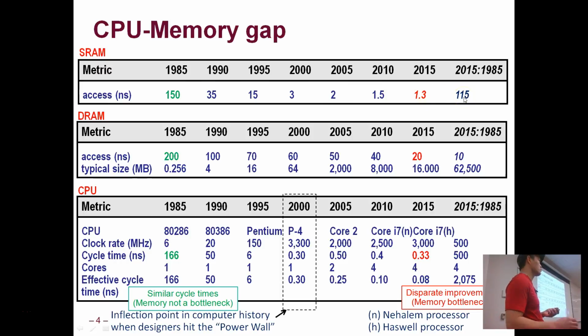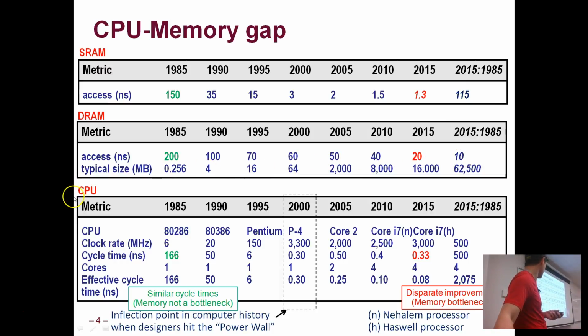So this is a factor of 115 times improvement in the last 30-odd years. Similarly, with dynamic memory, you go from 200 to 20. This is a factor of 10. So you see right here, the amount of improvement is an order of magnitude different between static memory and dynamic.